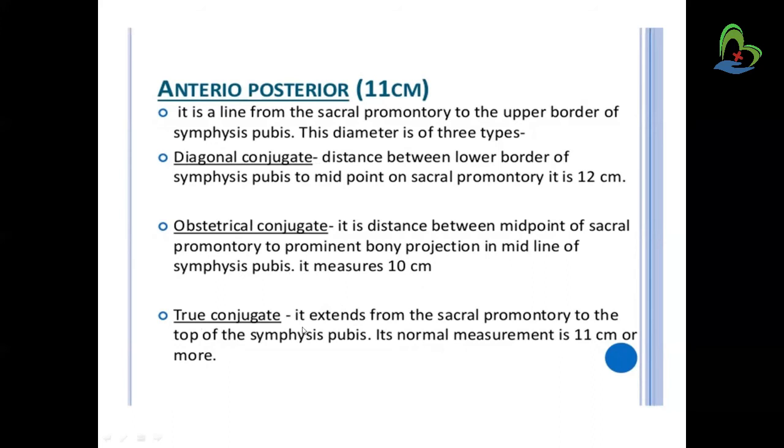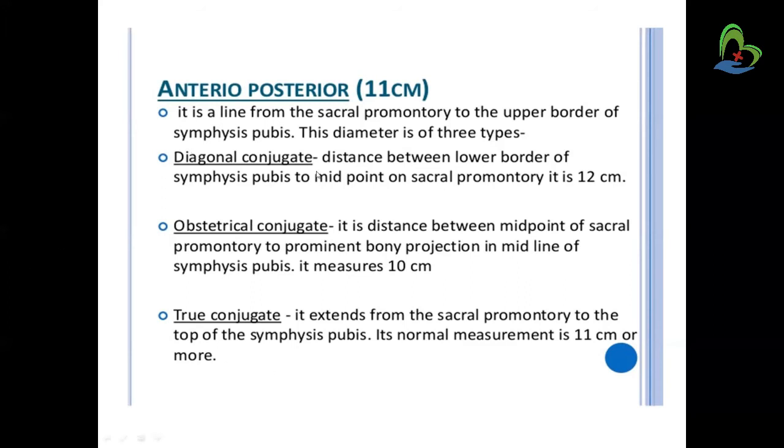The true conjugate extends from the sacral promontory to the top of the symphysis pubis, and the normal measurement is 11 centimeters or more.